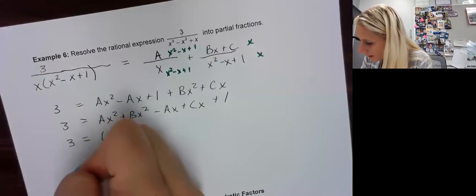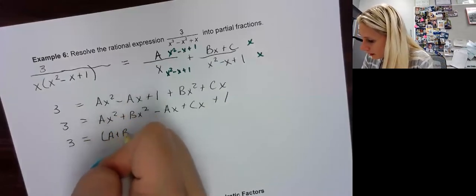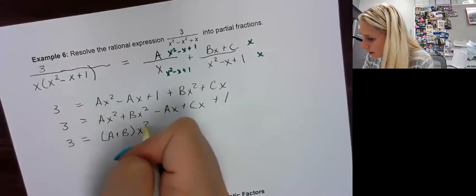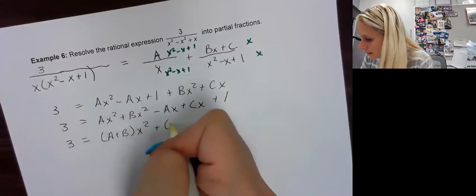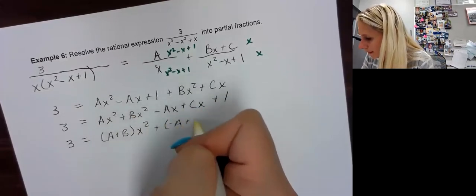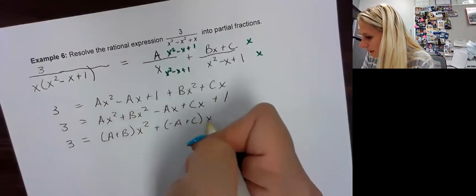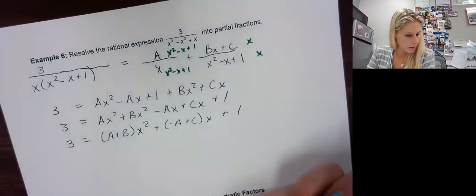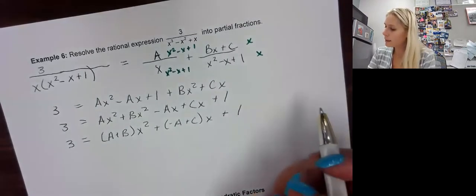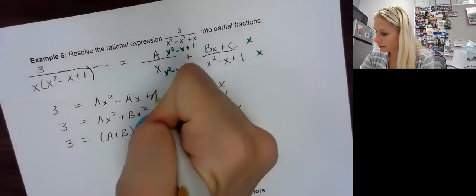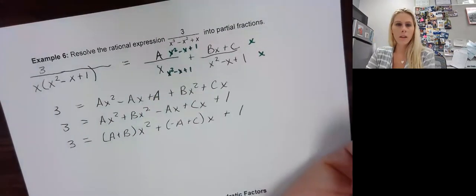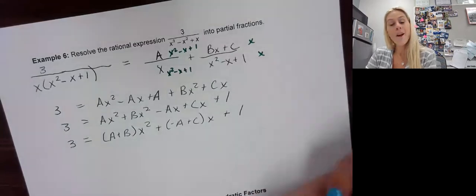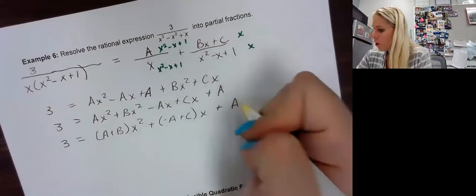So I get a plus b times x squared plus negative a plus c times x plus a. Oh, what did I do, guys? This is why the distributing stinks right there. I wasn't supposed to put 1, I was supposed to put a. That makes more sense. Whew.